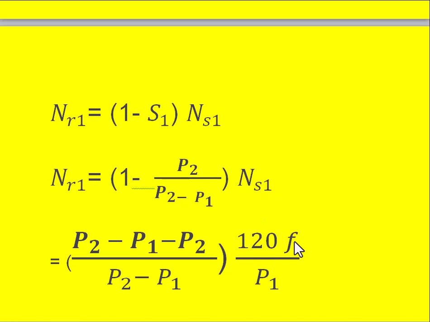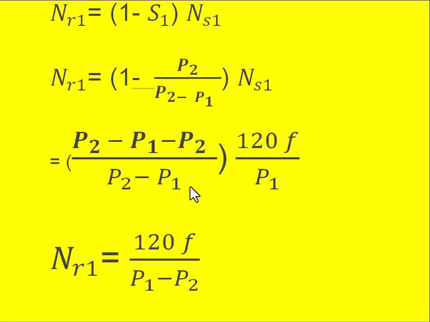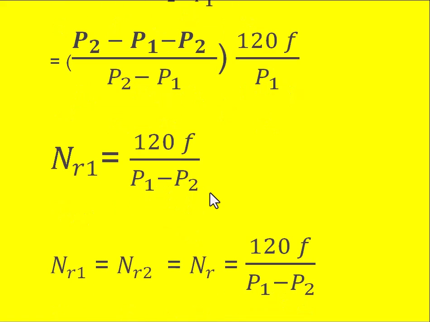NS1 is nothing but 120F by P1. So then this minus P2 and this plus P2 get cancelled, and taking this minus P1 into the denominator, NR1 is equal to 120F divided by P1 minus P2, and this P1 gets cancelled.